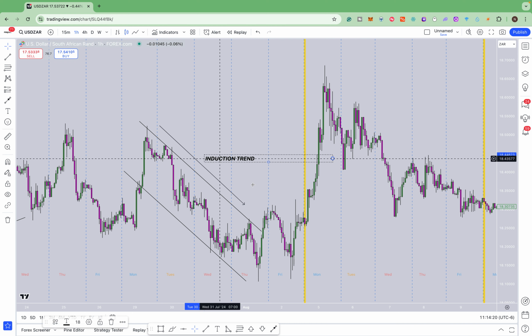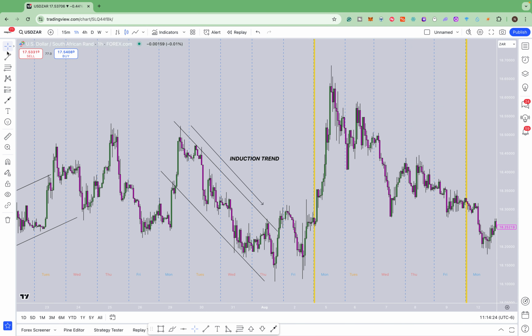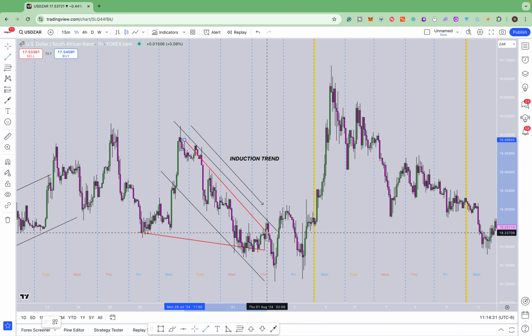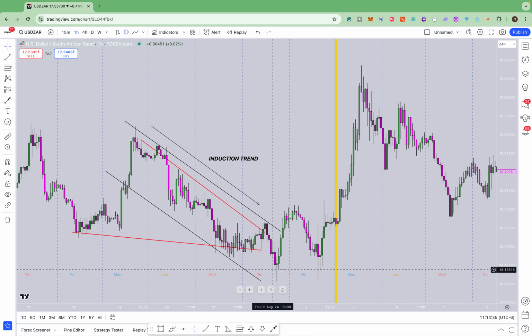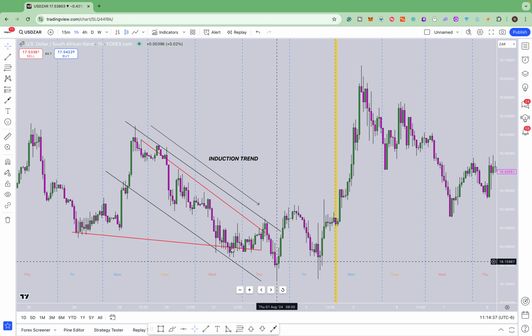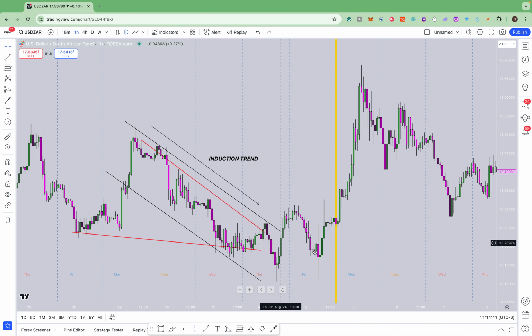Induction trend. Then we have a signature trade, descending wedge, breaking out Thursday, midweek, past the lows of the week, and then reversing.